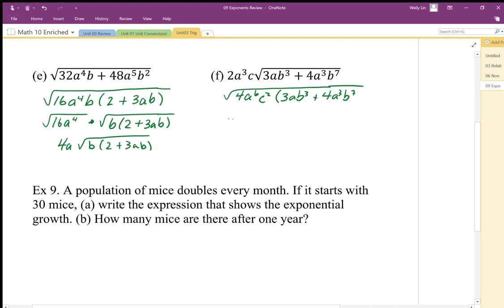And so we end up with the square root of 12a^7 b cubed c squared plus 16a^9 b^7 c squared.